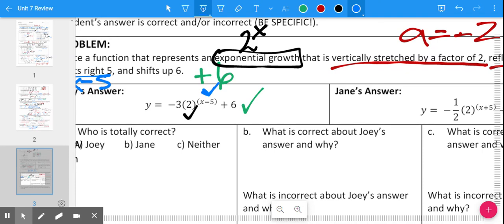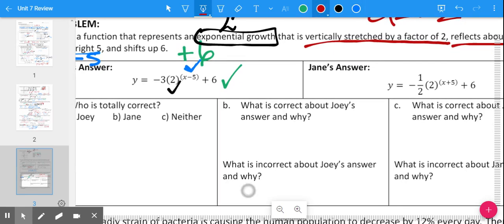But Joey is incorrect about his a value. So a equals -2, not -3. So what was he correct about? The x minus 5 and the plus 6 at the end. So the k equals +6 he was correct about.